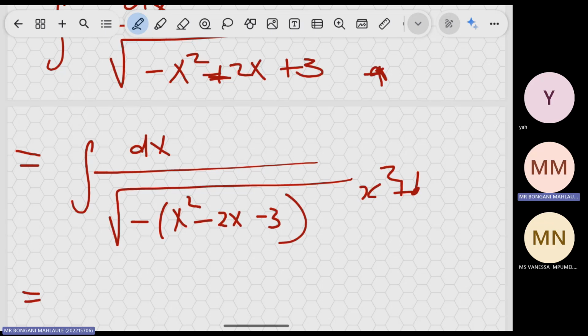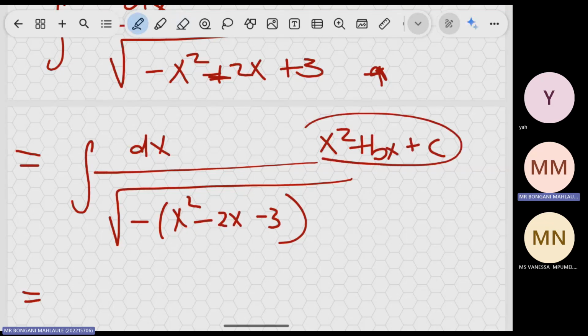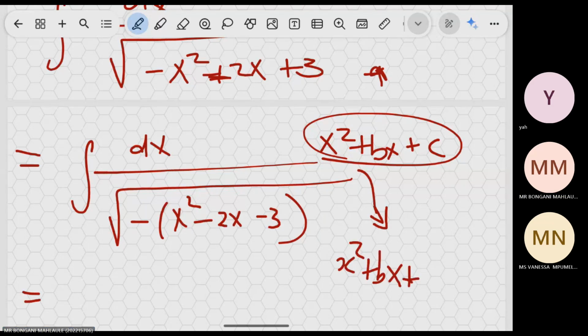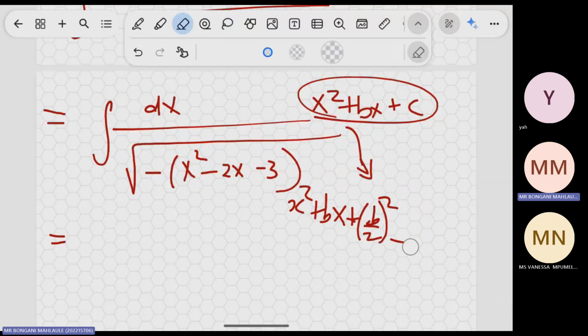So now we are having what I was saying. If you are having x squared plus bx plus c, if you're completing a square, it will be like this: minus, and then you subtract b over 2 squared, plus c.